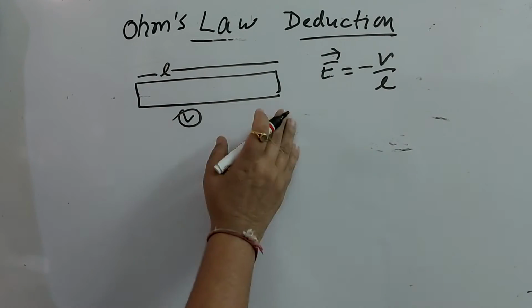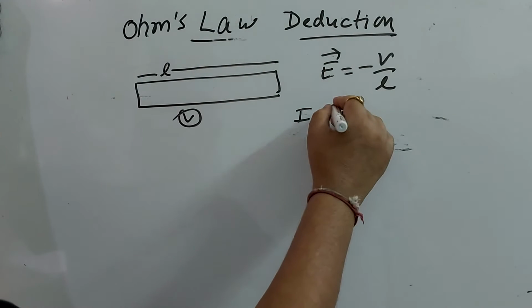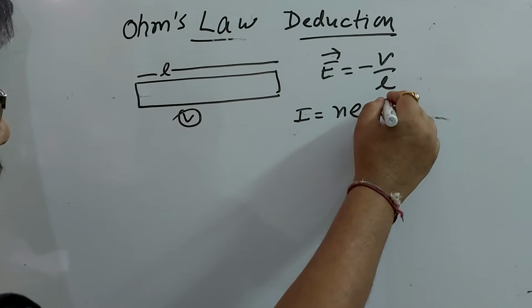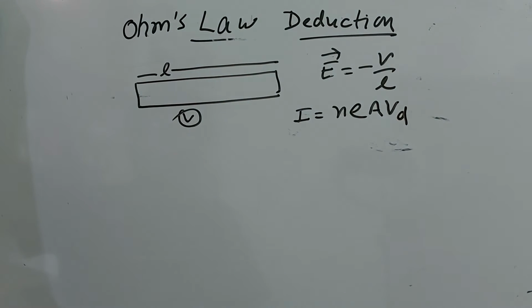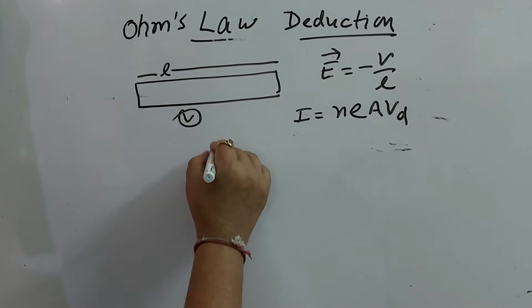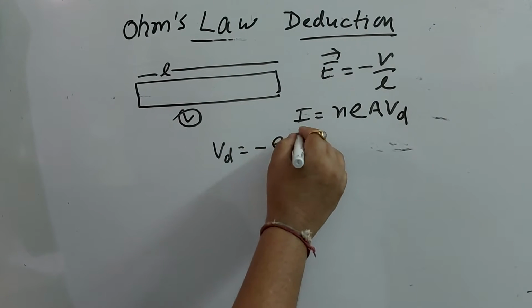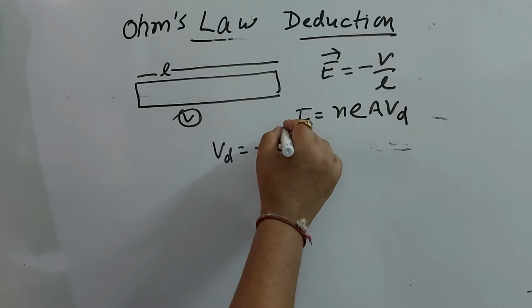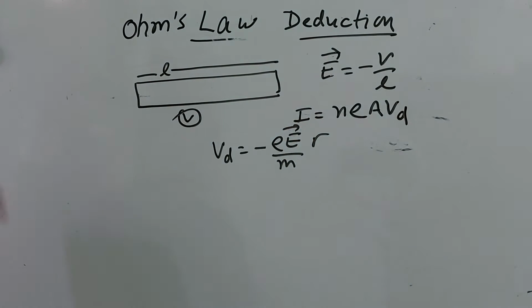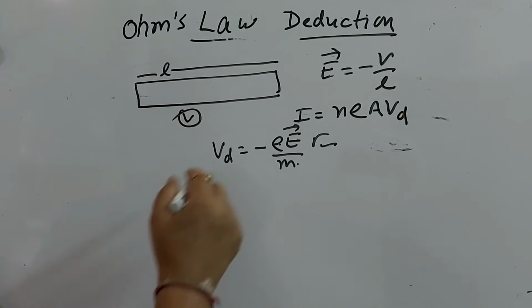Current is given by NEAVD, where VD is the drift velocity. And in the last topic we have done that drift velocity is equal to minus EE by M into tau, where tau is the relaxation time, E is the electric field, M is the mass of the electron, and E is the charge of the electron.